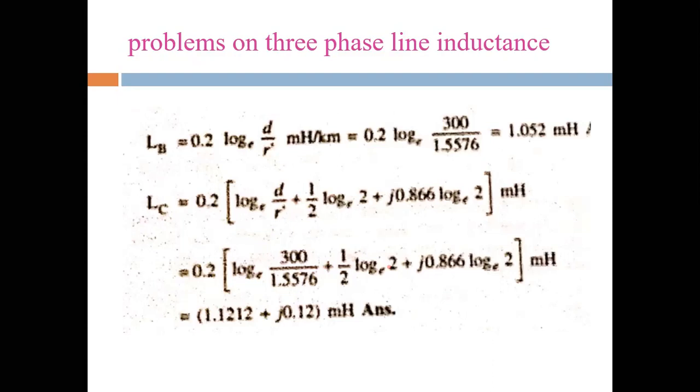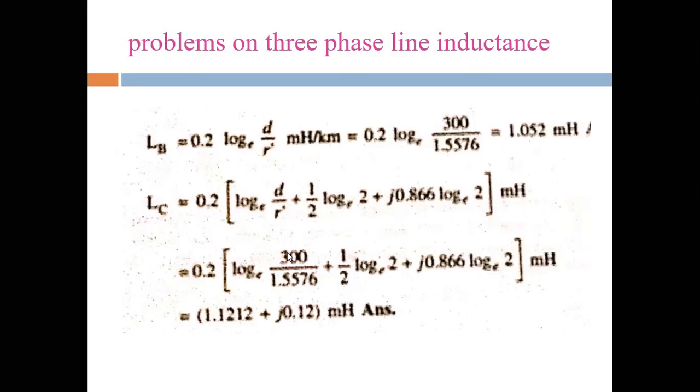Then the formulas for LA, LB and LC are like this. Then we substitute the values for D and R dash. Therefore, that is equal to 0.2 log e D by R dash. What is the D?